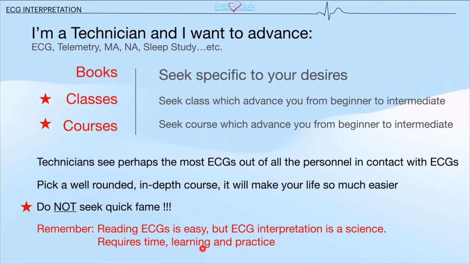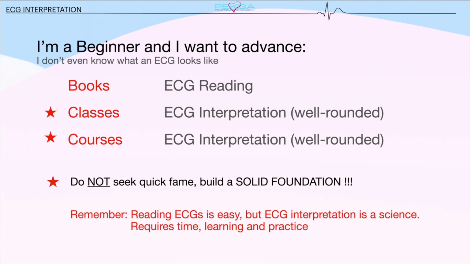It requires time, learning, and practice. And reading or interpreting ECGs well, you're not going to be able to do that if somebody shows you 5, 6 different rhythms, maybe even 20 of them. It takes time for the information to settle, to process, to be recalled. That's not something that happens overnight. So do not seek quick fame.